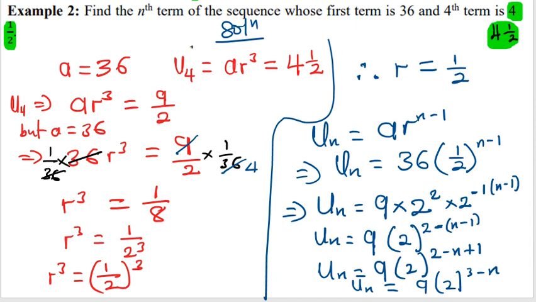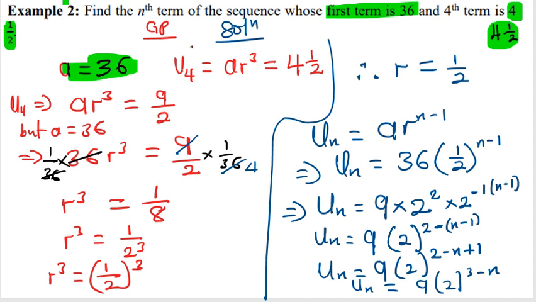The question says that the first term is 36. Remember, we are dealing with GP. So the first term is 36, we have a to be 36. And the fourth term is 4 whole number 1 over 2.